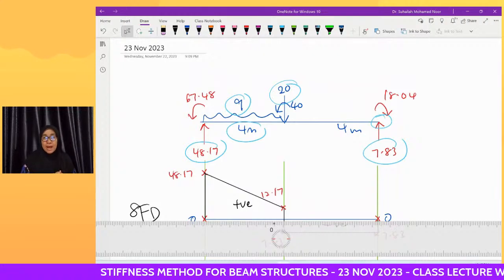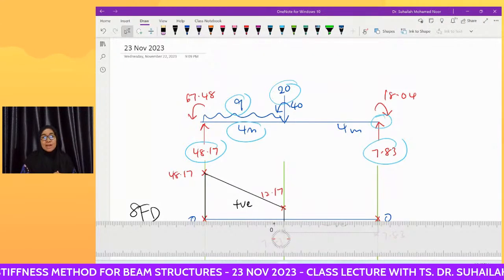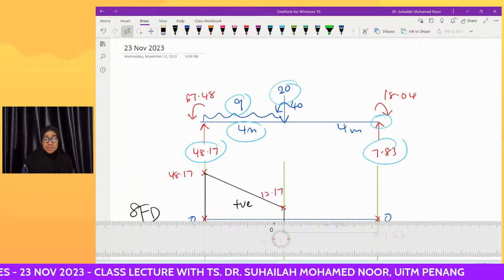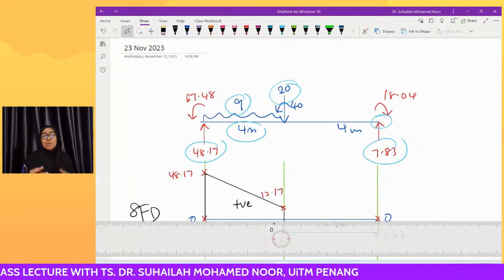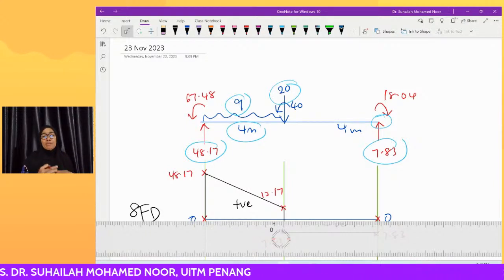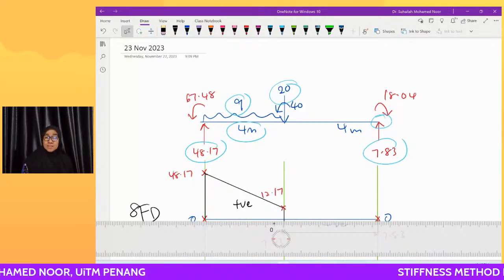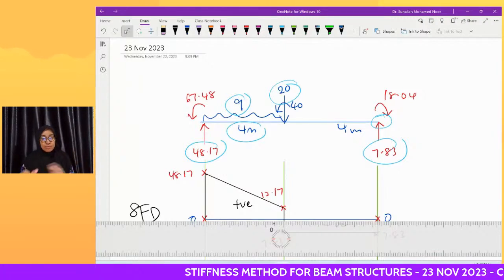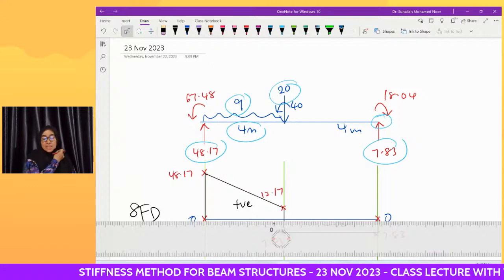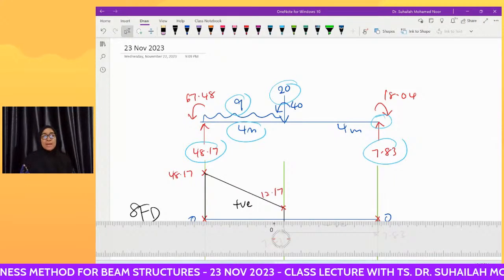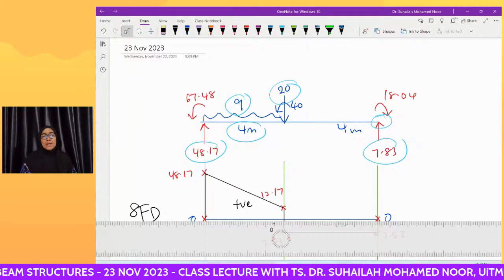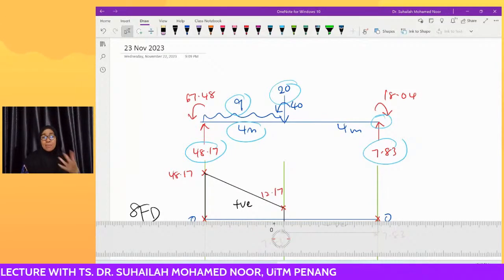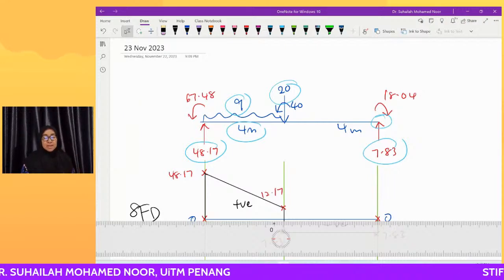The moment value at A is negative. It is counterclockwise. When we draw the diagram, we go back to the concept of direction: counterclockwise is negative, clockwise is positive. For the bending moment diagram, for design purposes, we normally draw negative upward, above the line.